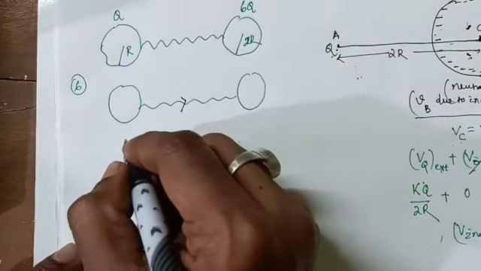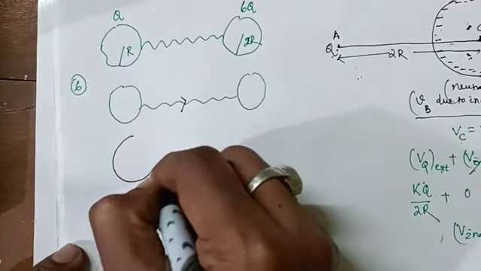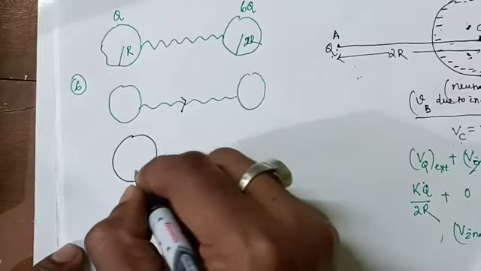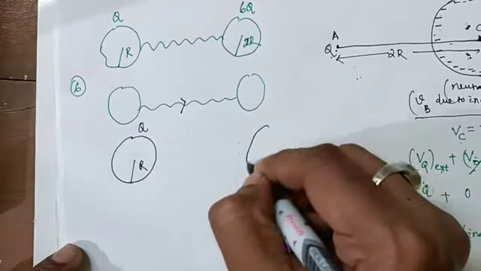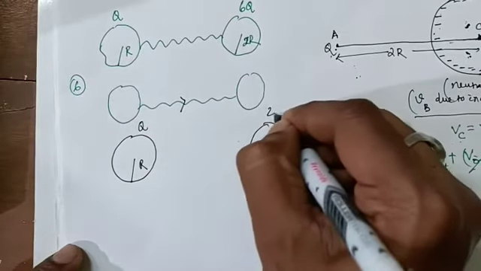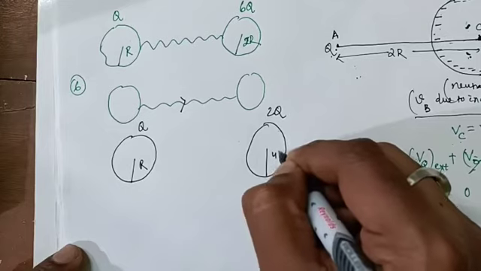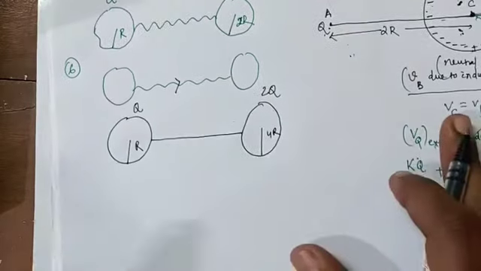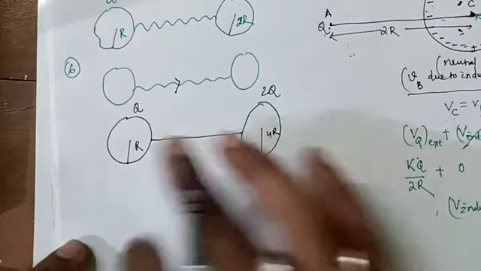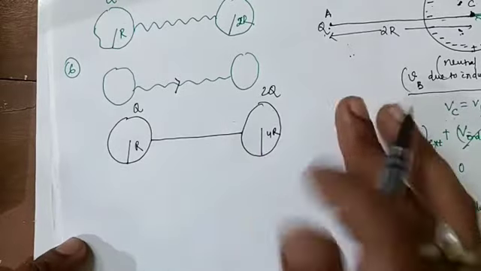Let me consider a conductor. The radius of the conductor is r and the charge is q. There is another conductor with charge 2q and radius 4r. These two conductors are connected by a conducting wire. Then the charge will flow from one conductor to another.